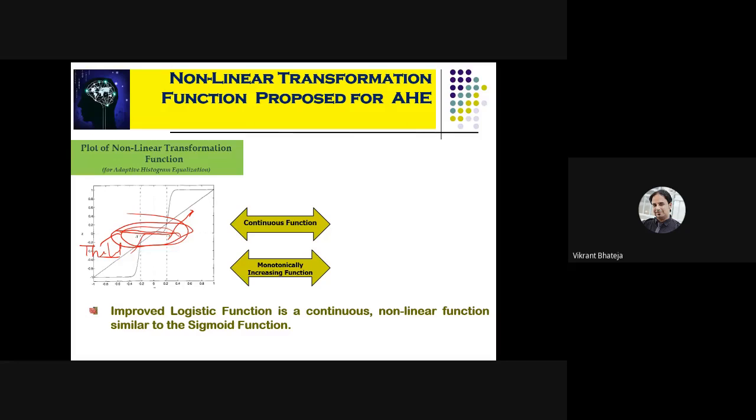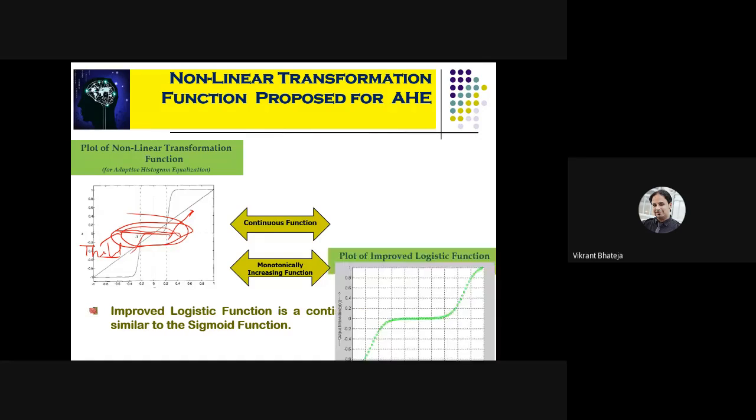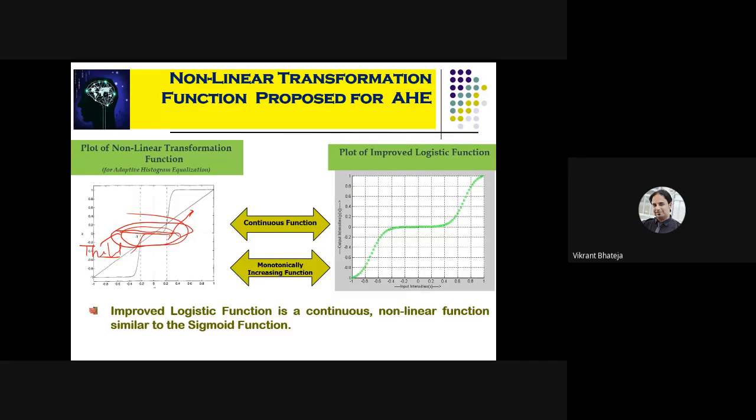So we see that this function is also a continuous function, which is very similar to the sigmoidal function. Mathematically, we can plot this function by combining two sigmoidal functions.